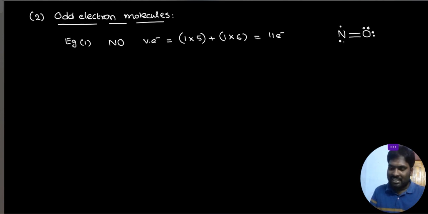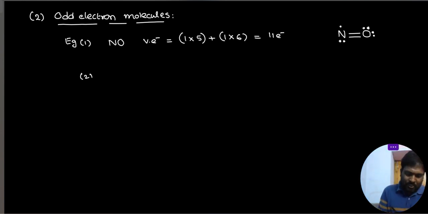Once count, 3 lone pairs, 3 into 2 is 6, 1 single electron, 7, plus 2 bond pairs means 4 electrons, 7 plus 4, 11, yes, correct. So here a single electron is there. That single electron you can write on nitrogen or on oxygen, no problem. Odd electron species means other than 8, an even number. So it is an exception.